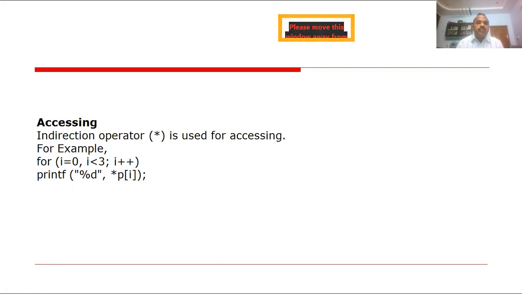How to access? The indirection operator asterisk is used for accessing elements.